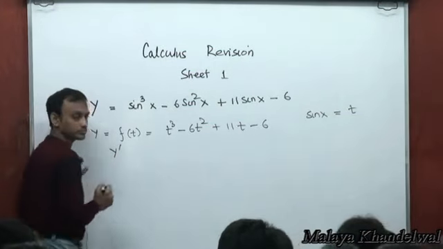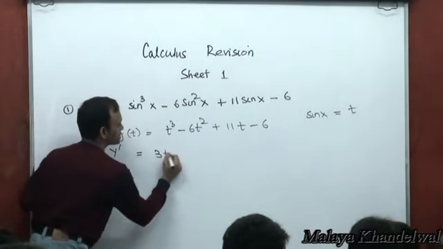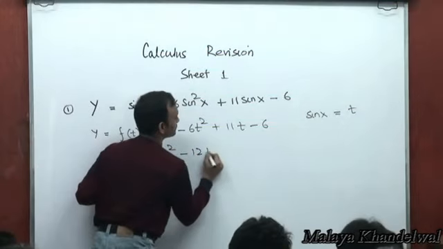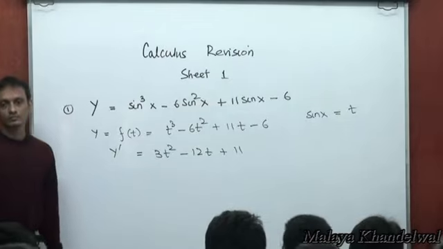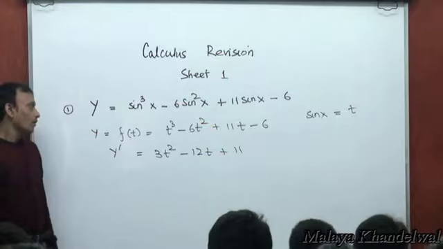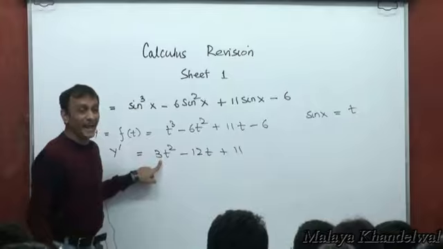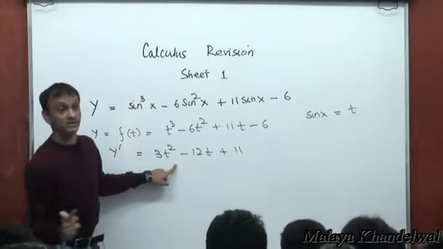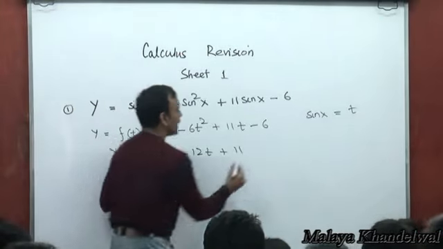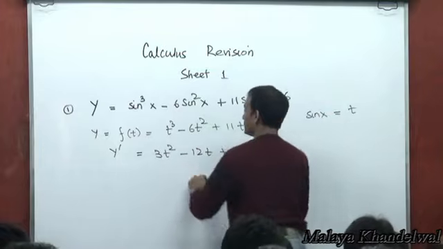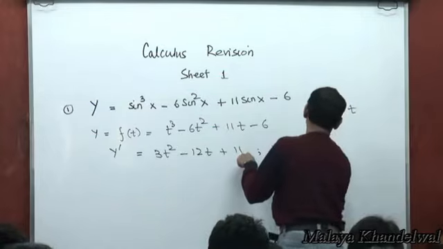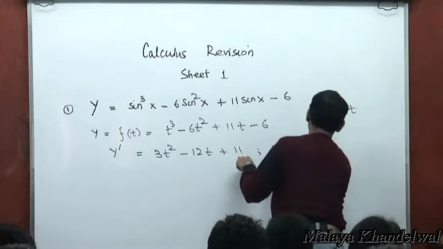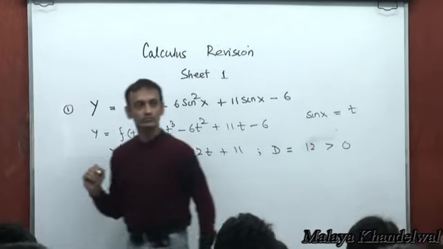Y dash is 3t squared minus 12t plus 11, right? Now this y dash versus t is an upward opening parabola. And realize that the discriminant, 144 minus 132, root 12, is greater than 0, right?